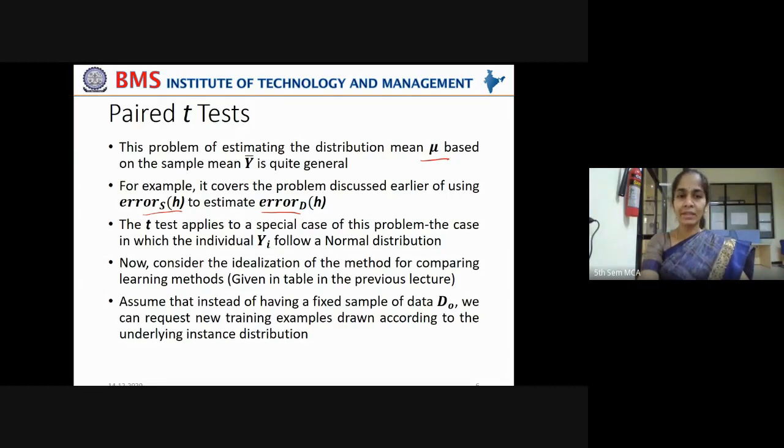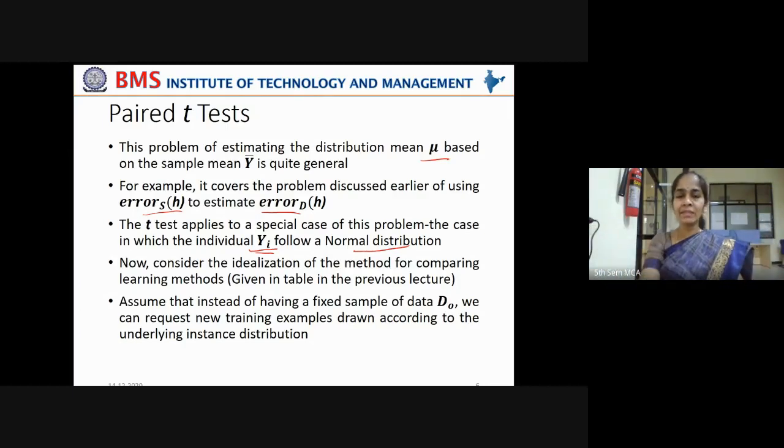Now the t-test applies to a special case of this kind of problem, the case in which individual yi follow a normal distribution. Now listen carefully. When individual data points are following a normal distribution, most of the values are falling within a particular range, and very few values are falling on the tail side.